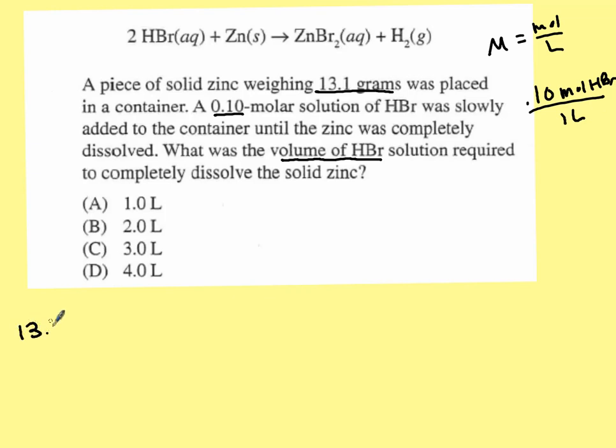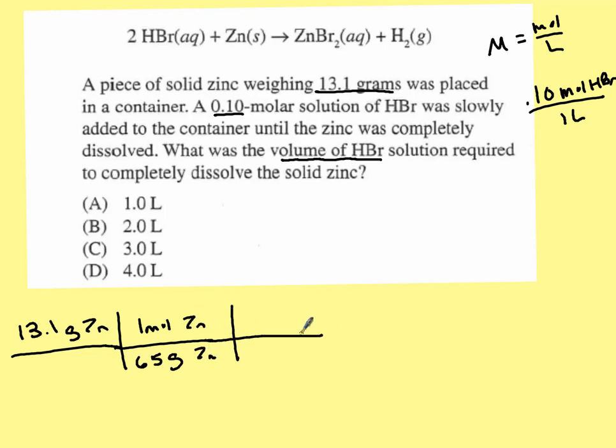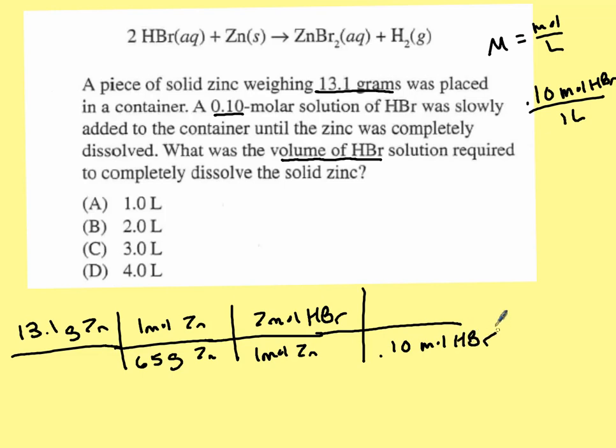So I'm going to start with 13.1 grams of zinc. And just as before, there's 65 grams of zinc in 1 mole of zinc. I'm trying to get to HBr, so I need my mole to mole ratio: 1 mole of zinc for every 2 moles of HBr. I could stop and then plug into my molarity equation, or I can use my conversion factor of 0.1 moles of HBr for every 1 liter.